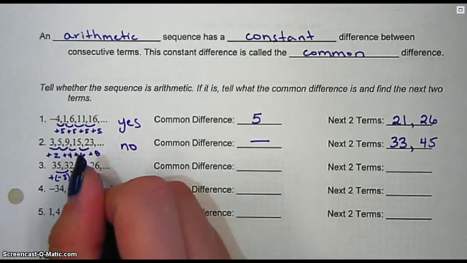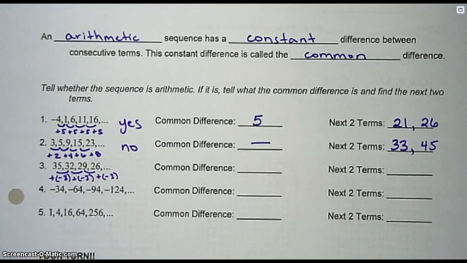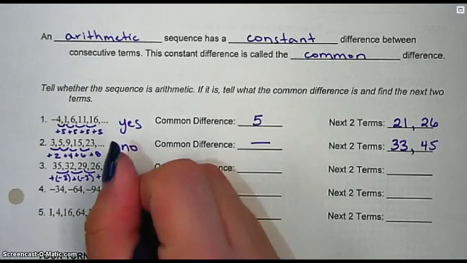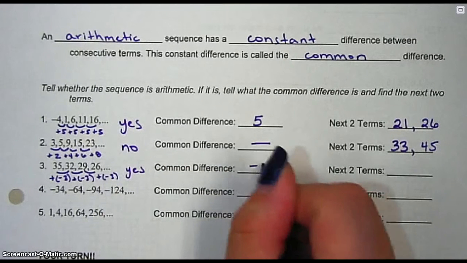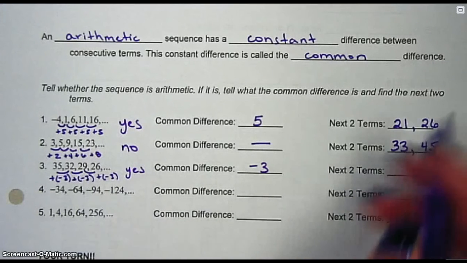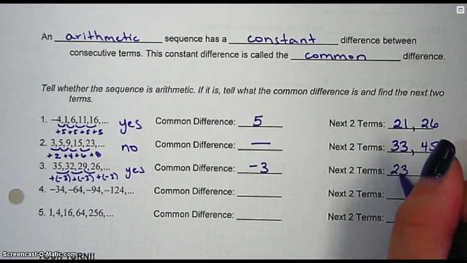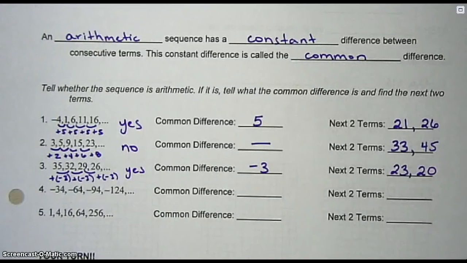From 29 to 26, I'm adding -3. So because I'm adding the same number every time, this is arithmetic. The common difference would be -3. So my next term would be 26 plus -3, which is 23, and then 23 plus -3, which is 20.